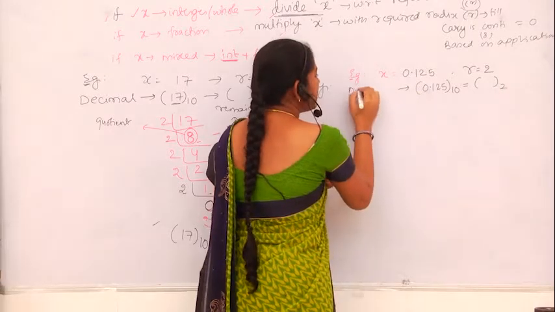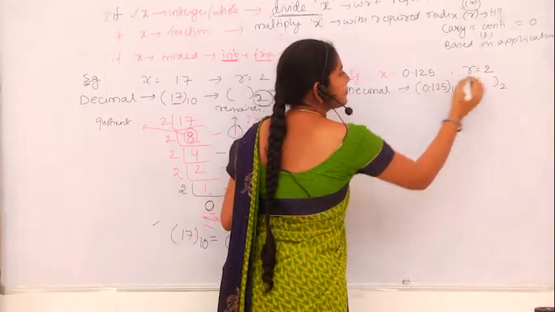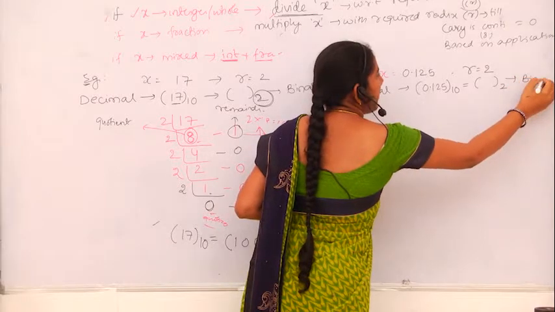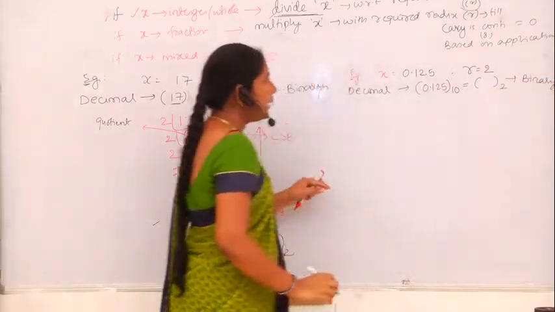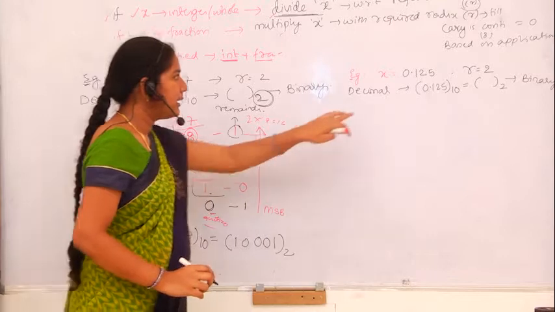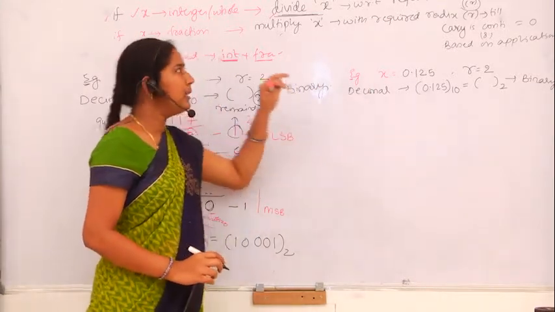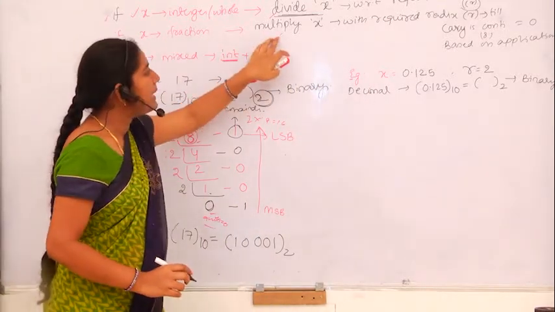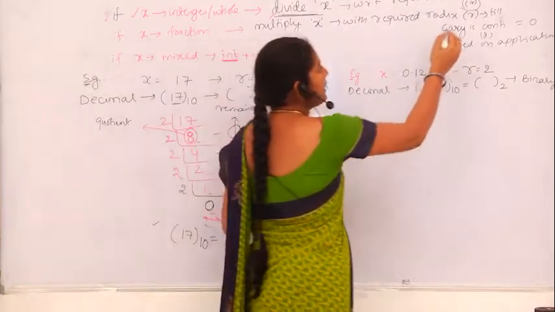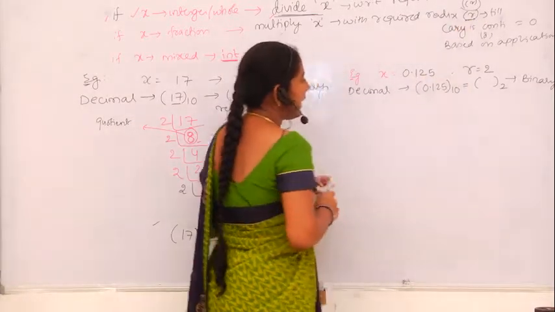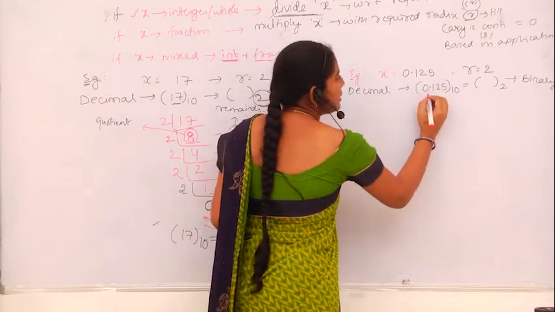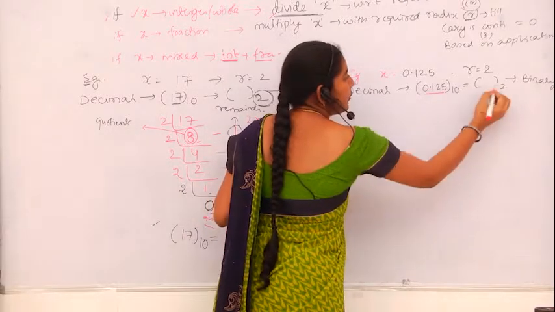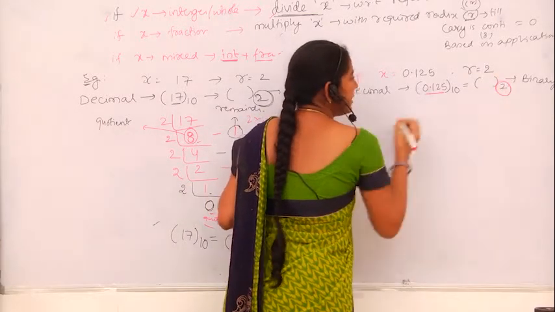This is again a decimal to binary conversion. Whenever we have a fraction part, we need to do the multiplication with respect to the required radix. So, do the multiplication of this number with radix 2.